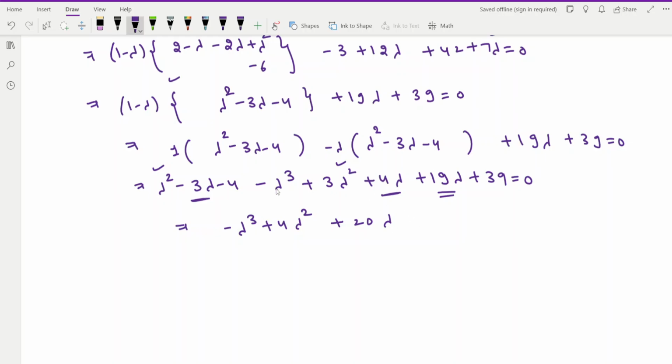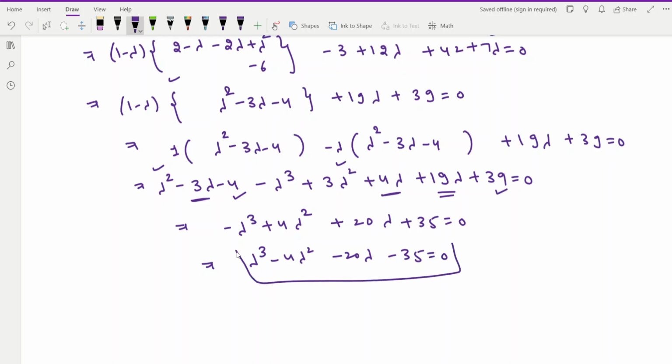Thereafter, minus 4 and plus 39 will give us plus 35, equal to 0. So I can simplify this a little bit more and write it as lambda cube minus 4 lambda square minus 20 lambda minus 35 equal to 0. So now this is the proper form.